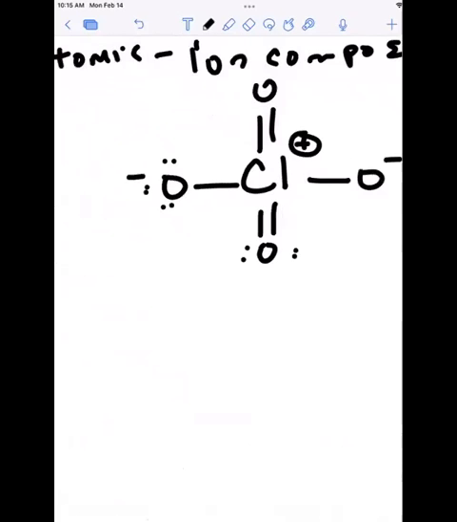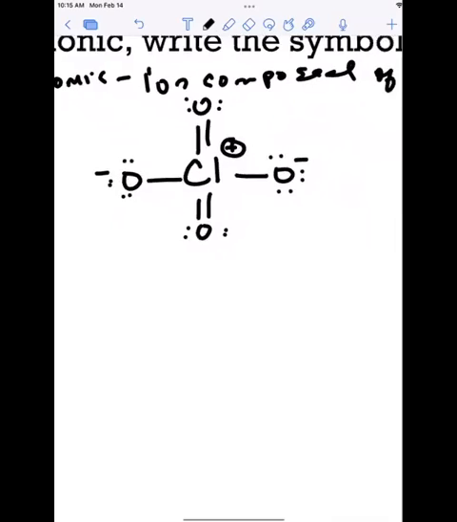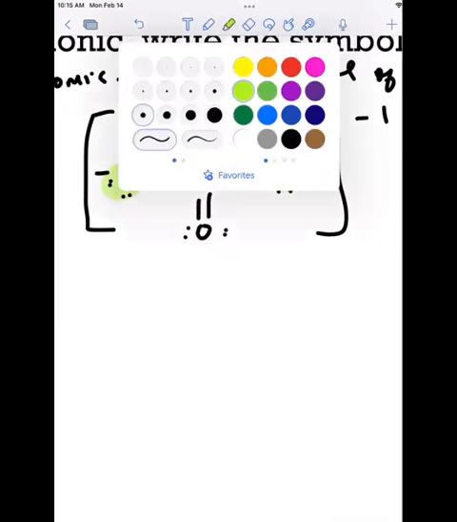You can write this down, by the way, because we are going to do Lewis structures soon, just not today. So that ion has an overall charge of, we're going to put it in brackets and say that it has an overall charge of -1 because both oxygens are negative and then the chlorine itself is positive.